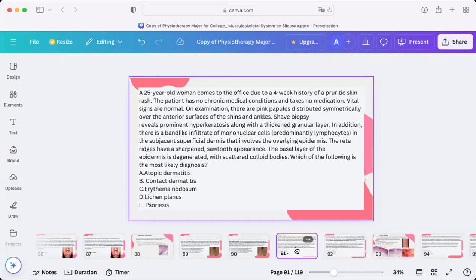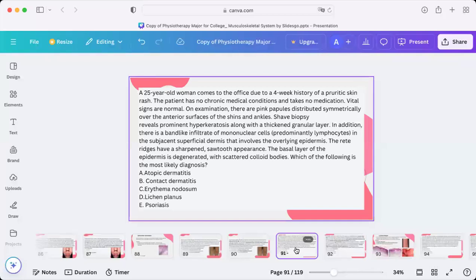Anyways, we have a 25-year-old woman coming to the office due to a 4-week history of a pruritic skin rash. The patient has no chronic medical conditions and takes no medication. Vital signs are normal. On examination, there are pink papules distributed symmetrically over the anterior surface of the shins and ankles. Shave biopsy reveals prominent hyperkeratosis along a thickened granular layer.